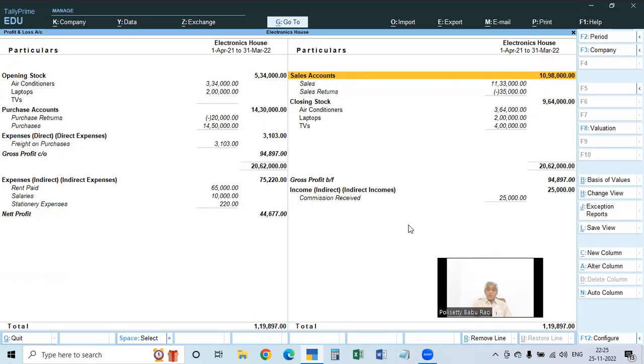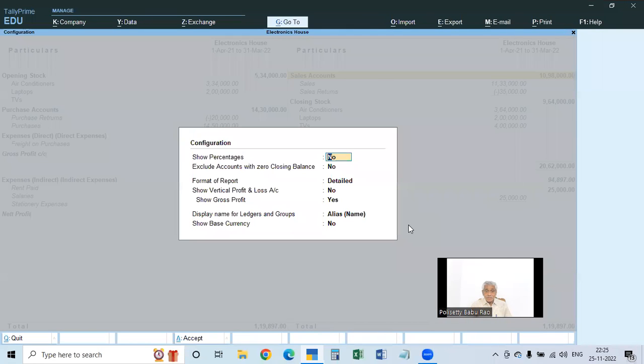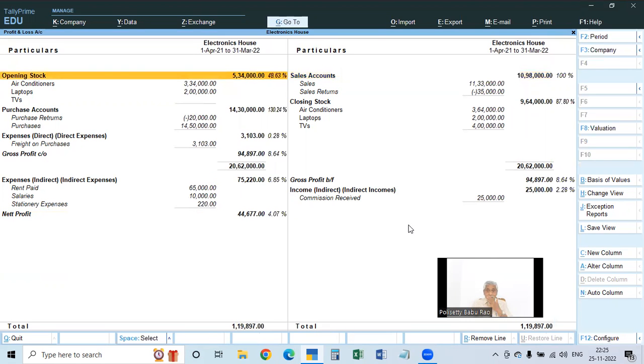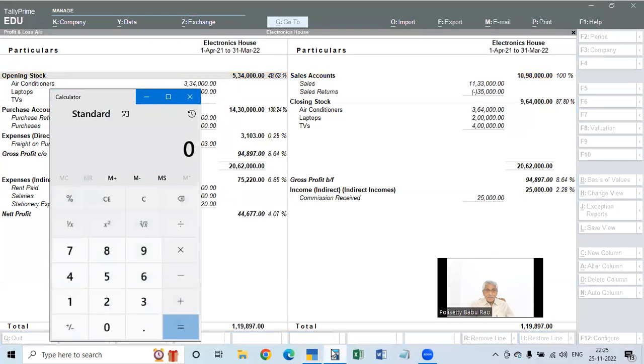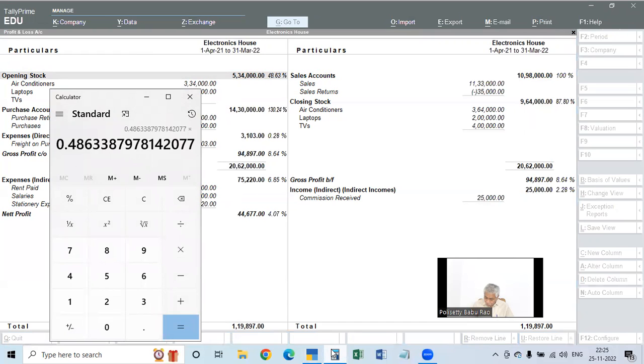So how will you see that? Again go to F12. See the first one. Yes. You want purchases and show profit? Yes. See now here, along with this, for every item you got the percentage. How will you get the percentage? I'll take an example. 5,34,000 is the opening stock, divided by sales 10,98,000, into 100.